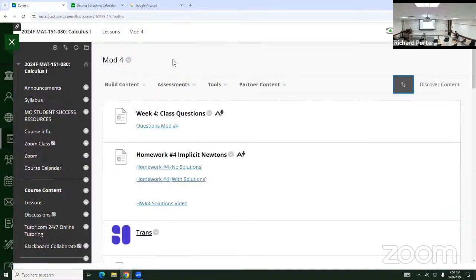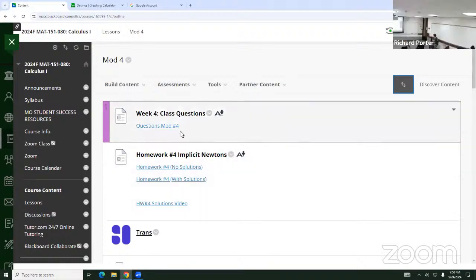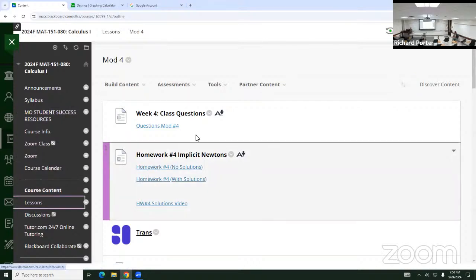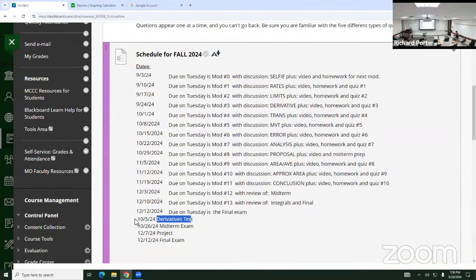The derivatives test is going to be next week, at the end of next week. It's on the lessons mod 0. Okay, so it says right here, derivatives test is 10-5.